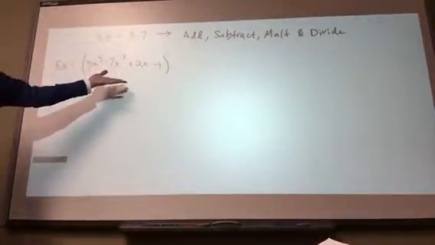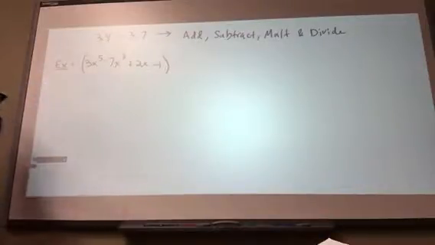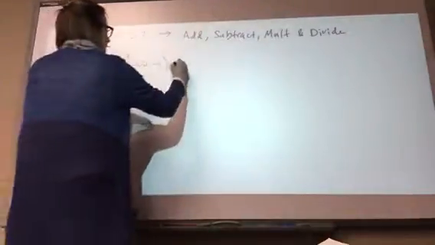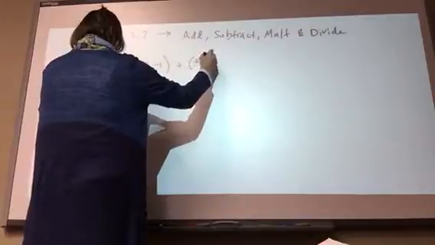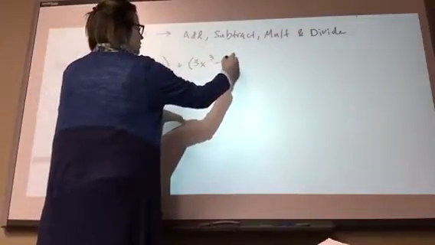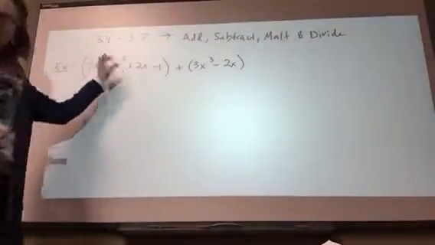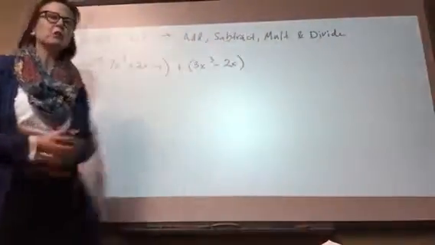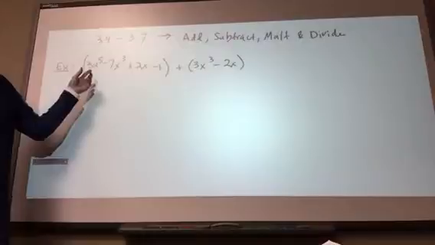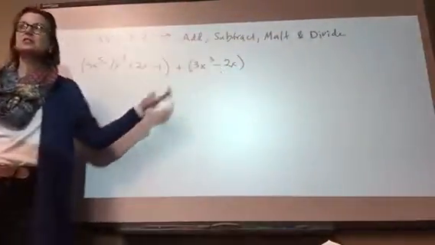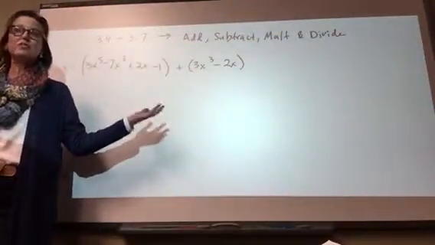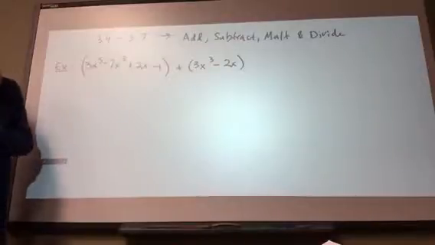We would all agree this is a beautiful example of a polynomial. I'm going to add to that the polynomial 3x cubed minus 2x. So I have a polynomial in parentheses and then another in parentheses. Because addition is commutative and associative, the parentheses don't really have any power.